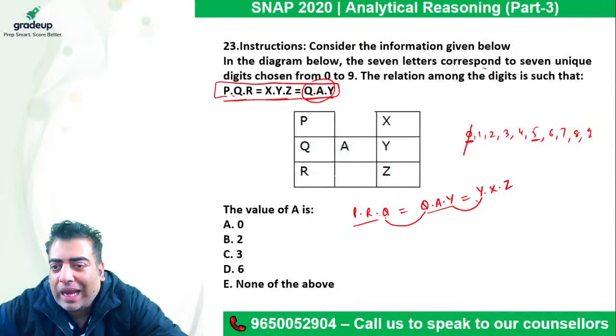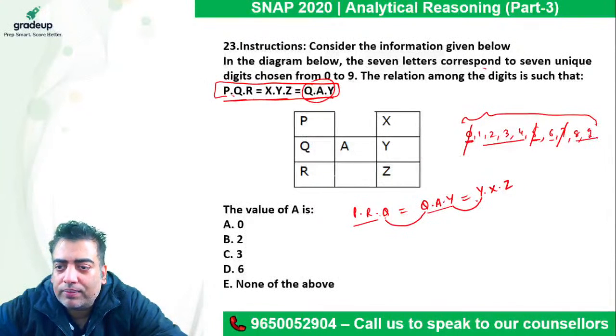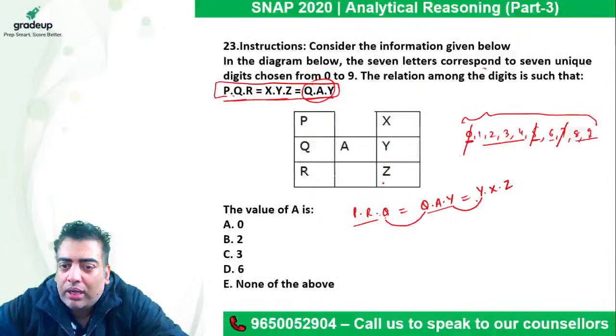All 3 of them cannot be multiples of 5 because in the given set, there is no other multiple of 5. So this is ruled out. Likewise, 7 is ruled out. So the leftover numbers are 1, 2, 3, 4, 6, 8 and 9. They are 7 in number. They are also 7 in number. So these numbers will come here in some order, right?